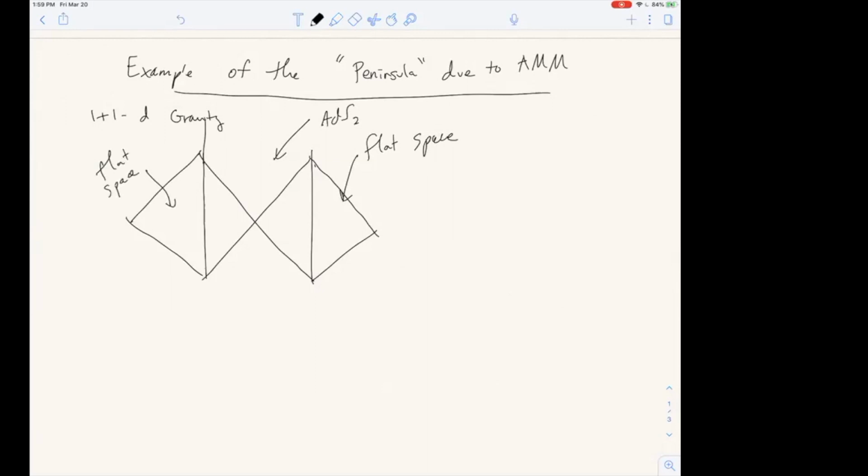This AdS2 goes on forever, and the metric and the dilaton in here are those associated to a black hole solution at inverse temperature beta.